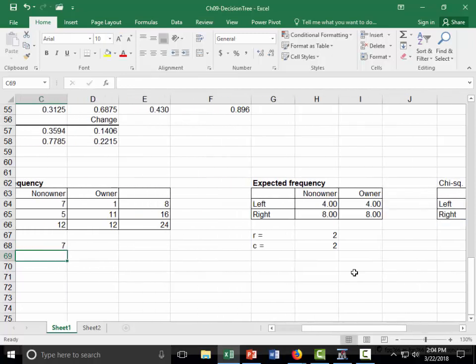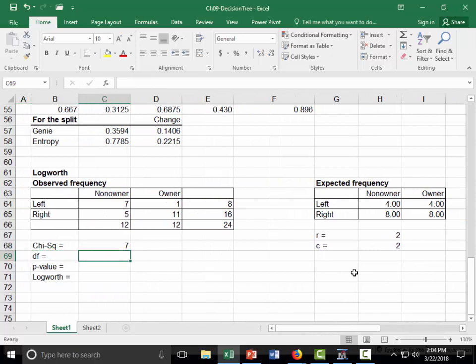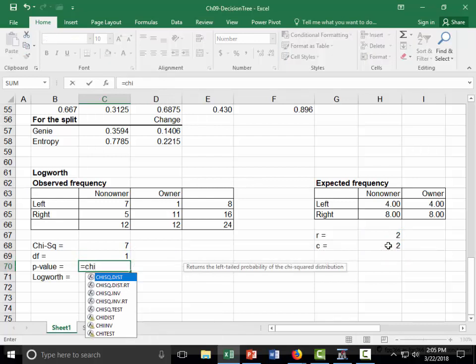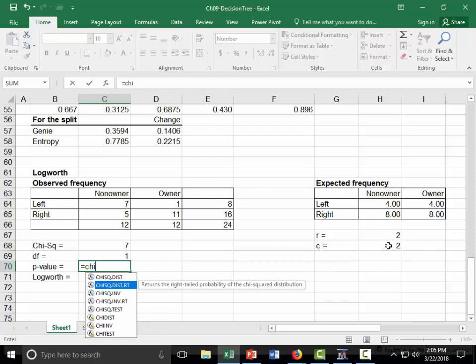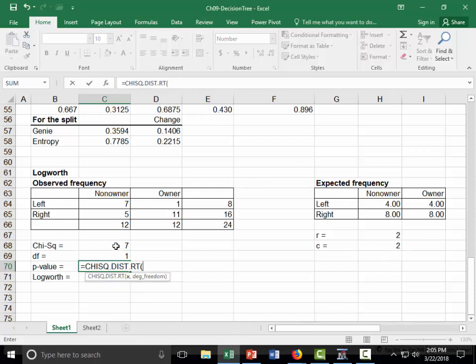The degrees of freedom is R minus 1 times C minus 1. And the p-value is the chi-squared distribution to the right side. The two parameters needed are the chi-squared statistic, comma, degrees of freedom.